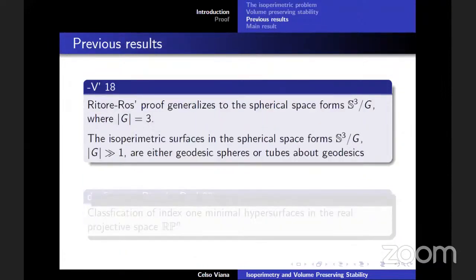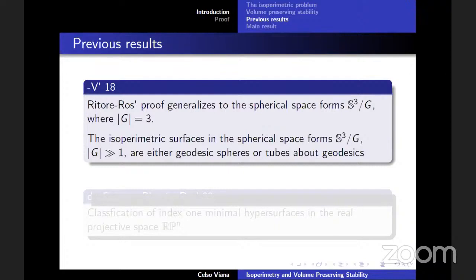Some generalizations, still in 3 dimensions: we were able to show that this characterization still holds for other spherical space forms, more precisely those with large fundamental group. We show that if you have an isoperimetric surface, here I'm talking about global minimizers, so you need to impose a stronger assumption, we prove that they must be either spheres or tubes about geodesics.